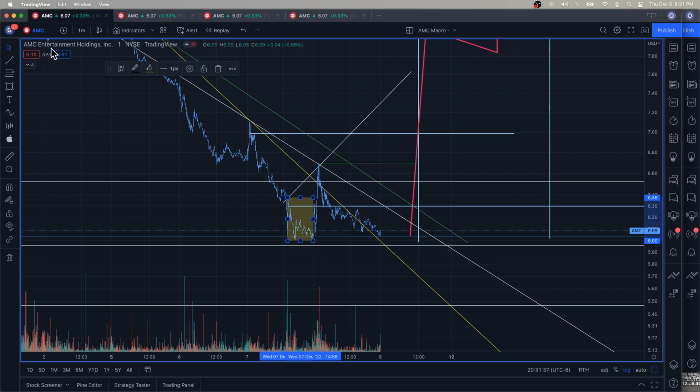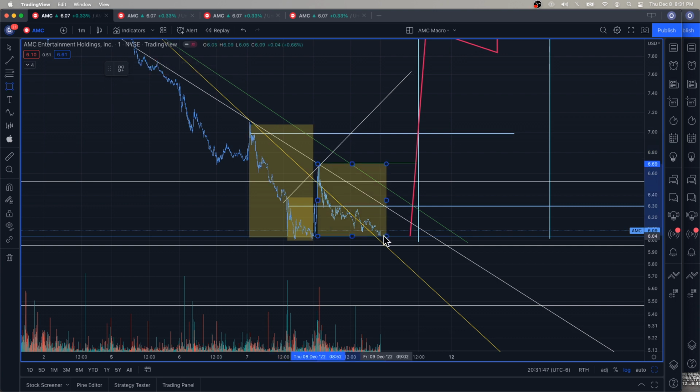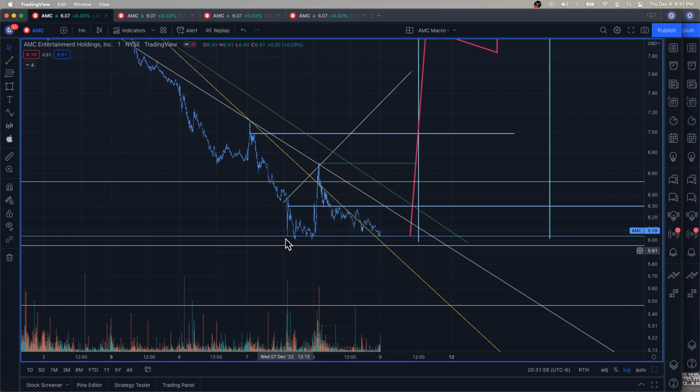If this is the same as the whole region here, and that was a shrinking iteration, and we also know that this is a copy of that as well, then you can tell that no matter what, it's flattened out a bit, okay? It did not continue down in the same trajectory. Clearly, this is an important level. I think we actually wicked down to 597 on the mark today.